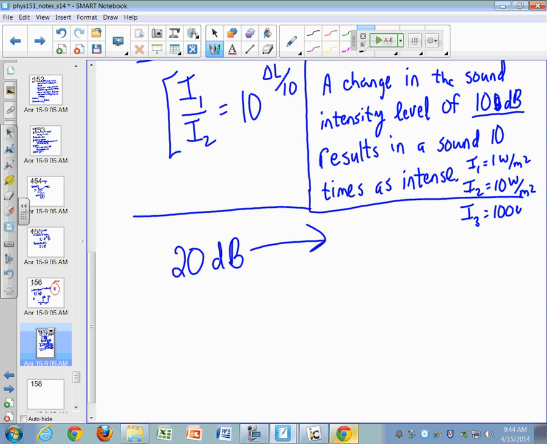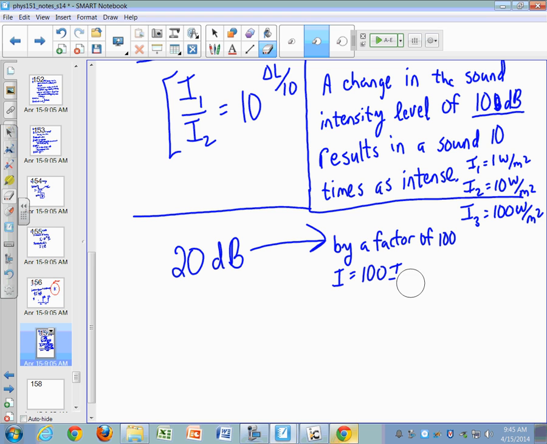So if I increase it by 20 decibels, that means that I've increased the intensity by a factor of 100. That means that my intensity now is equal to 100 times the original intensity, I1.